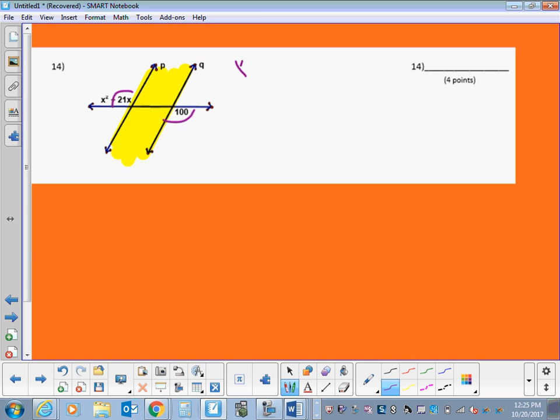Is that x squared on your paper? Change it to a plain X. I don't know what that does to your answer, but it may give you a decimal. We haven't learned how to do that yet. So x plus 21x is equal to 100.